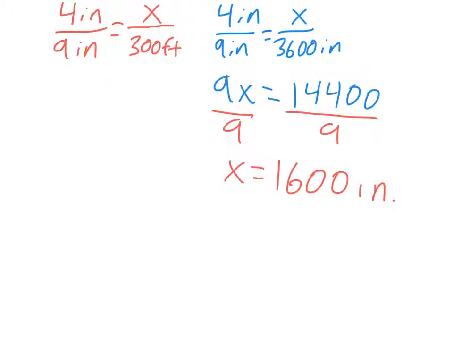And if they wanted it in feet, you could convert it, which would be 133 1/3 feet. So it depends what they ask for in an answer, but you will have to do some unit conversions.